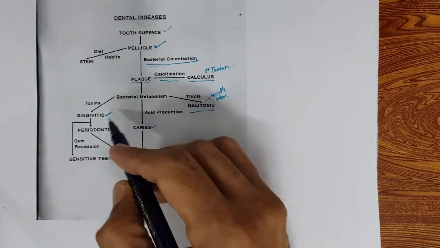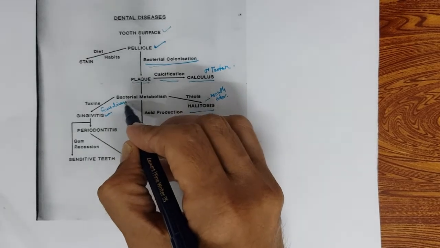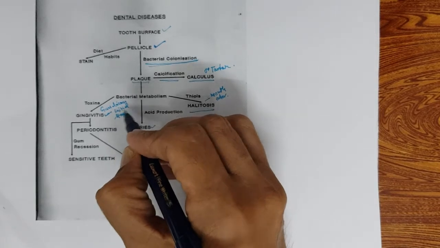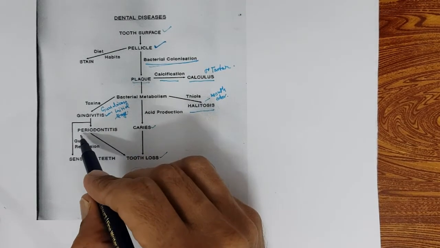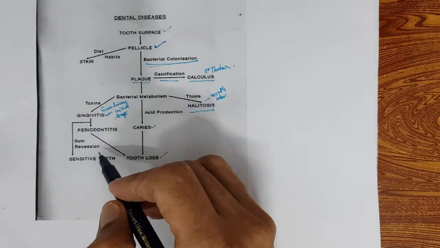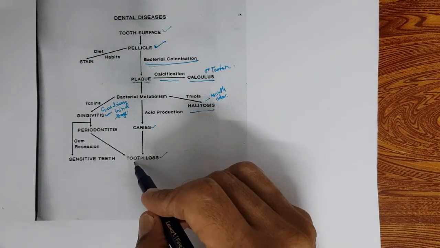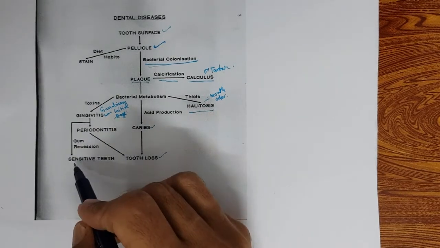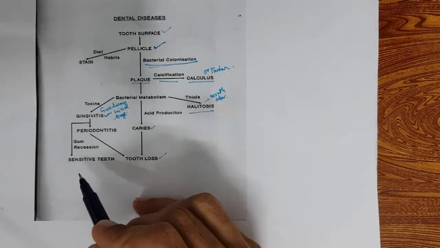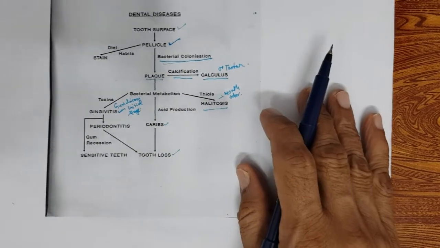Then gingivitis, which is gum disease, the initial stage of gum disease. Finally it can lead to periodontitis, the advanced stage of gum disease, which also causes tooth loss. Then you get gum recession, and you get sensitive teeth.